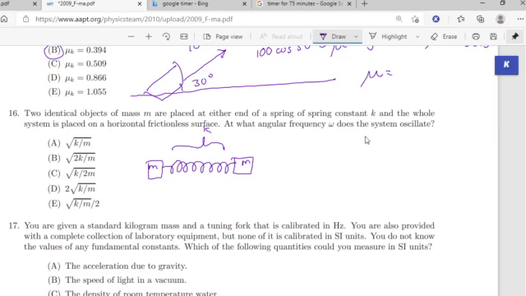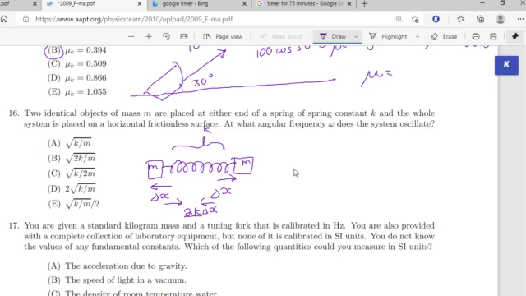Okay, so let's first look at it in terms of displacements. If we move this by delta x, and we move this by delta x, then the total restoring force would be 2k delta x, which means that 2k would be the new spring constant.